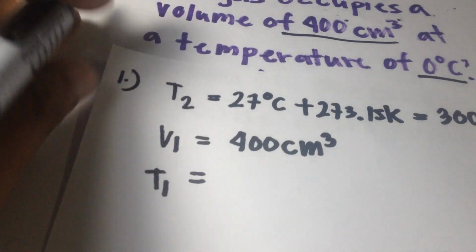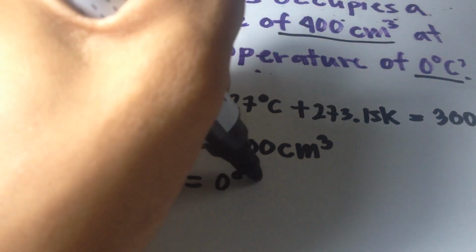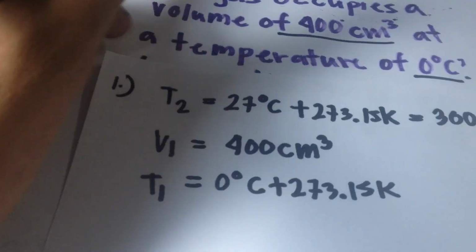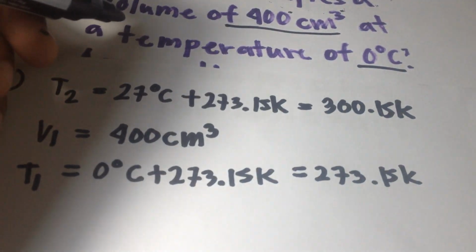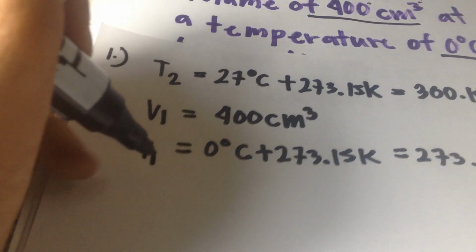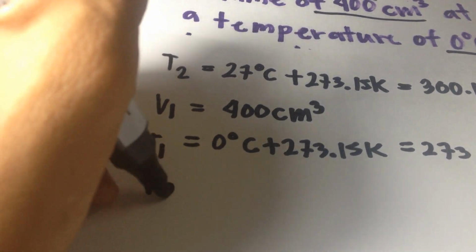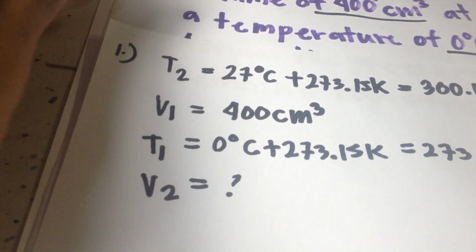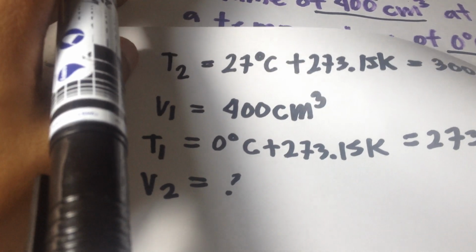So 0 degrees Celsius plus 273.15 Kelvin equals 273.15 Kelvin. And how about volume 2? Volume 2 is unknown, so we need to solve it.